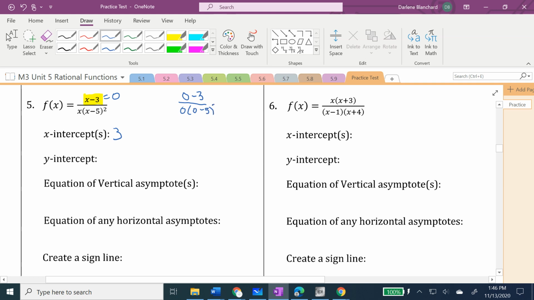And oh dear, what happens with this? If you have 0 in the denominator, when you try to plug a number into the function, it is undefined at that point. And if you're trying to find a y-intercept, that means you don't have a y-intercept.